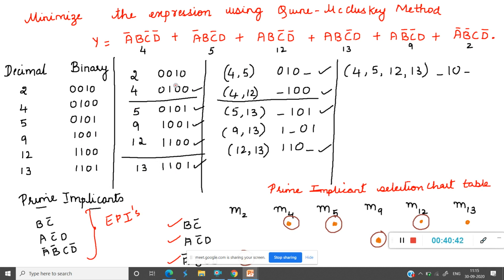Now students start comparing the first group with the second group. Can I compare 2 with 5, 2 with 9, 2 with 12? Like that you have to compare. If it is not possible, I have not written here.